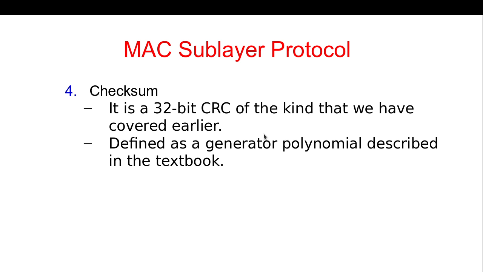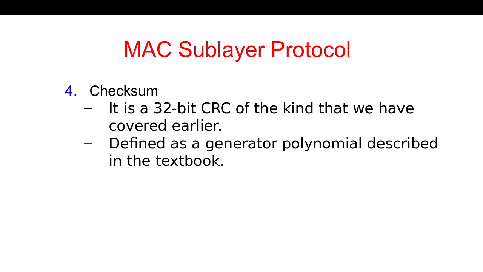It's a 32-bit CRC, an error detecting code that uses various polynomials, out of which a 32-bit polynomial is used here. It defines a generator polynomial, which we have seen at that time. With that, we now finish what is called the classical Ethernet.